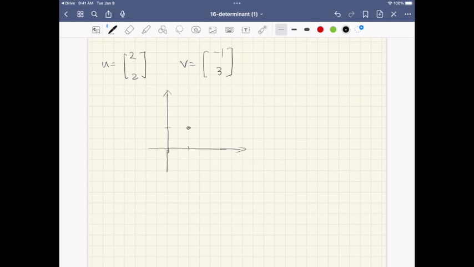This is u, (2, 2), and v is (-1, 3). The parallelogram spanned by these two vectors can be considered as this object.